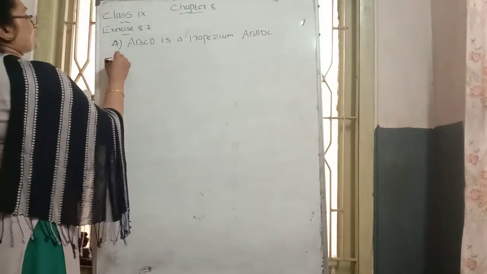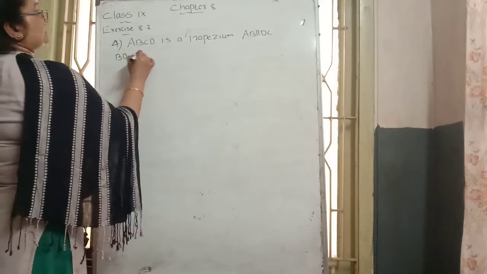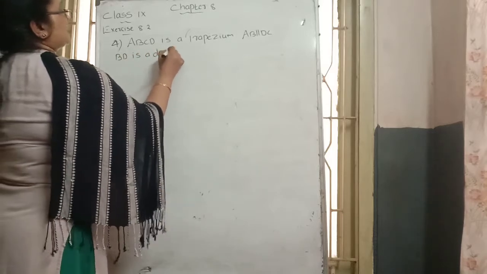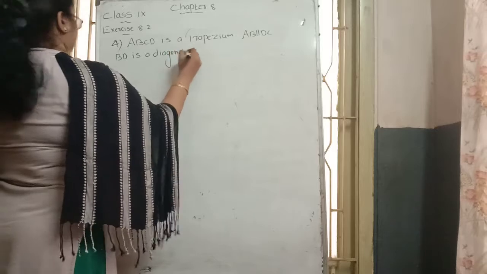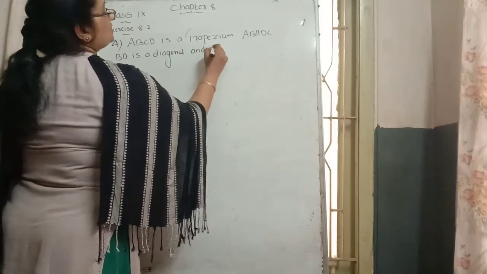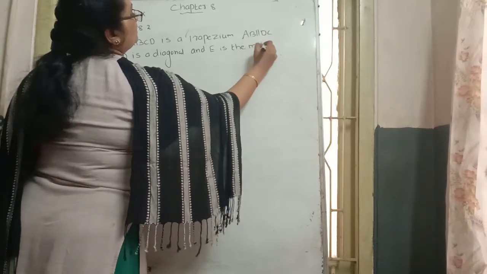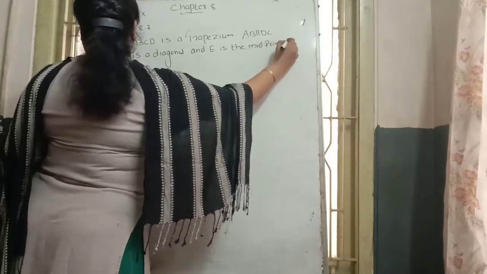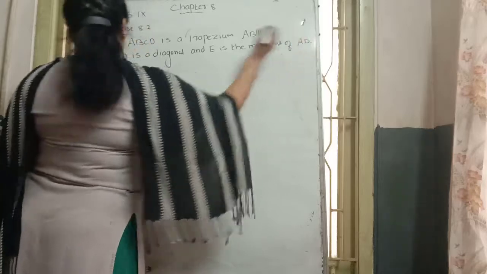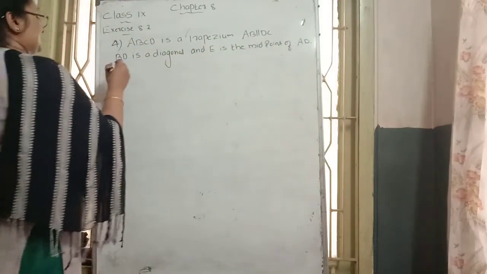Next information, BD is a diagonal, and E is the midpoint of the AD side.